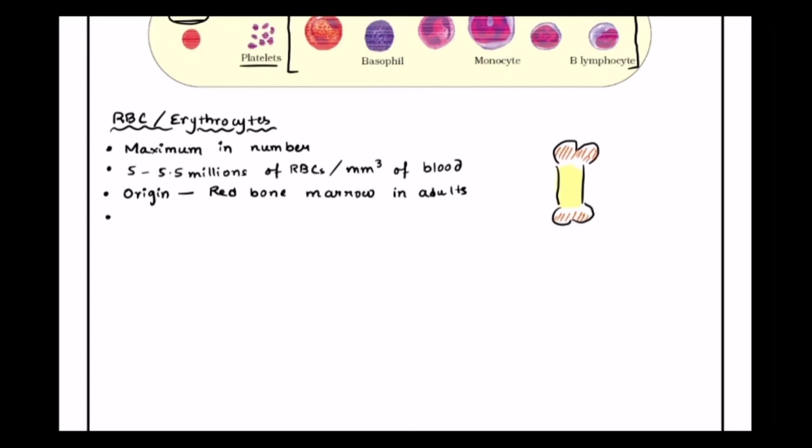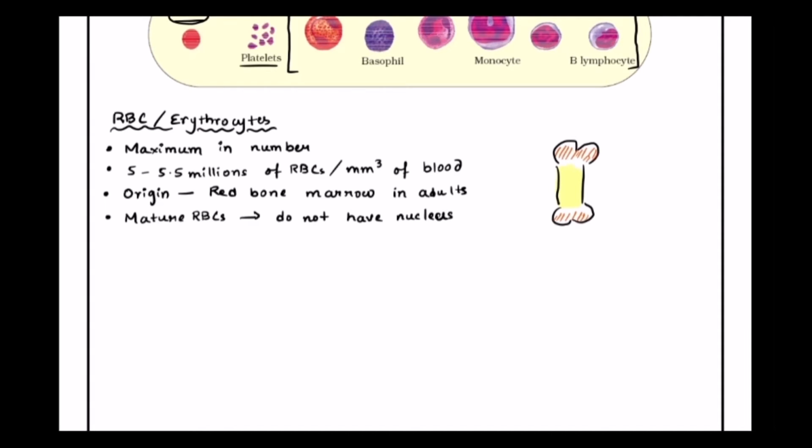And a very, very important point about erythrocytes or RBCs is that a mature RBC, or all the RBCs that are mature, will never have a nucleus. That is, they are enucleated.